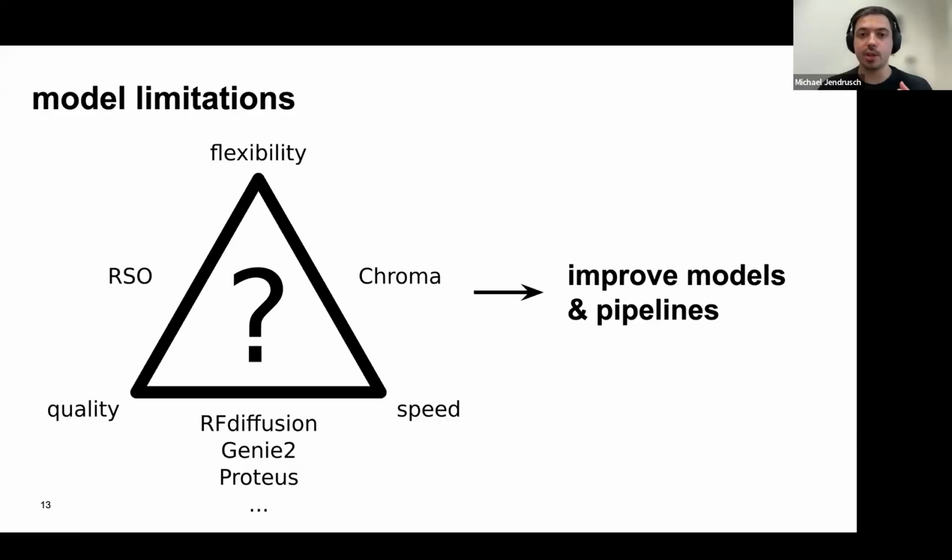If you want to do sequence conditioning, which is very easy with hallucination models, you would have to first run a Salad trajectory, then predict a sequence, and then filter based on that sequence. So you would have to run a whole lot of trajectories and get your sequence design from filtering your Salad designs in the end. So I would say it's somewhere over here, if you can see my mouse. Basically maxing out quality and speed, but not quite at the maximum flexibility.